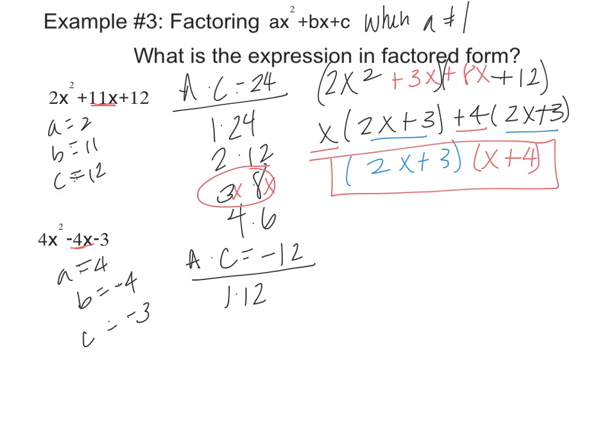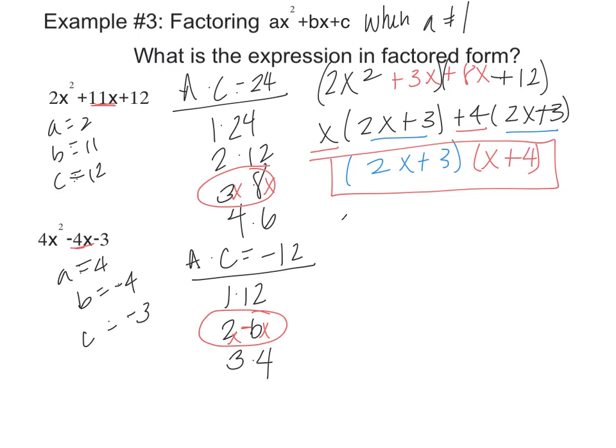That's 1 and 12, 2 and 6, 3 and 4. So the combination that's going to give us negative 4 is 2 and 6, but we have to figure out how. How can we get negative 4 from 2 and 6? Well, we can get that by having a positive 2x and a negative 6x, because 2x minus 6x is negative 4x.